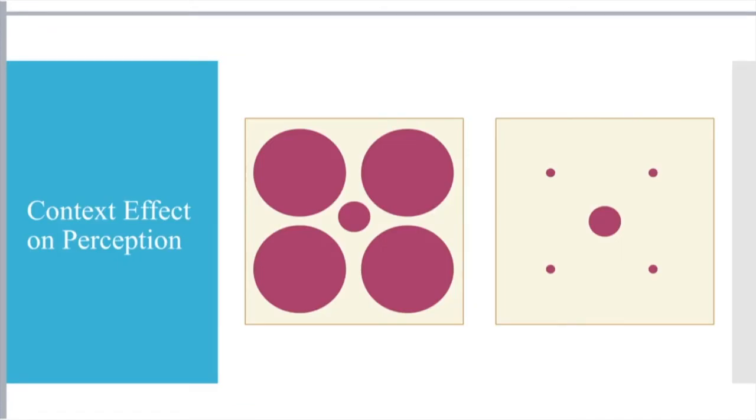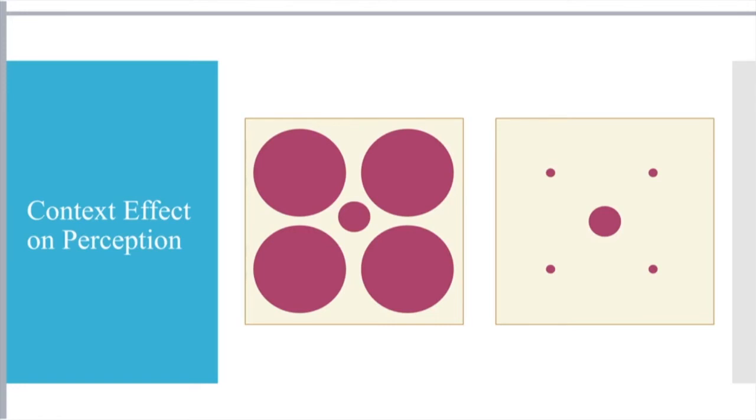So here's another example of perceptual set, specifically how context affects our perception. Looking at these two images, which center dot looks larger? Most people would say that the center dot on the right looks larger. You're primed right now to be like, what's the trick here? What is this optical illusion? And you might have been able to see that they're actually the same size.